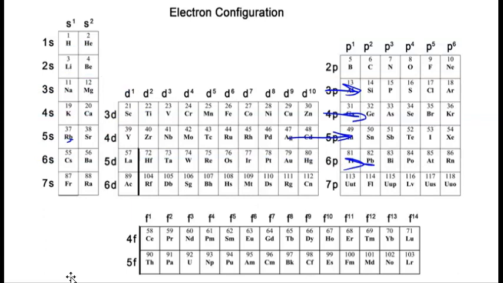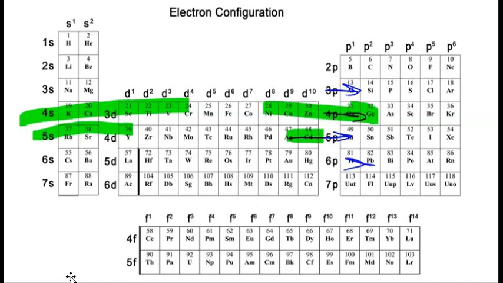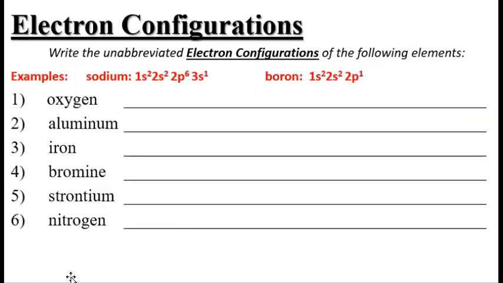Notice that you go from 4s to 3d back to 4p. And same thing, 5s to 4d back to 5p. Keep that in mind whenever you write out your electron configurations.